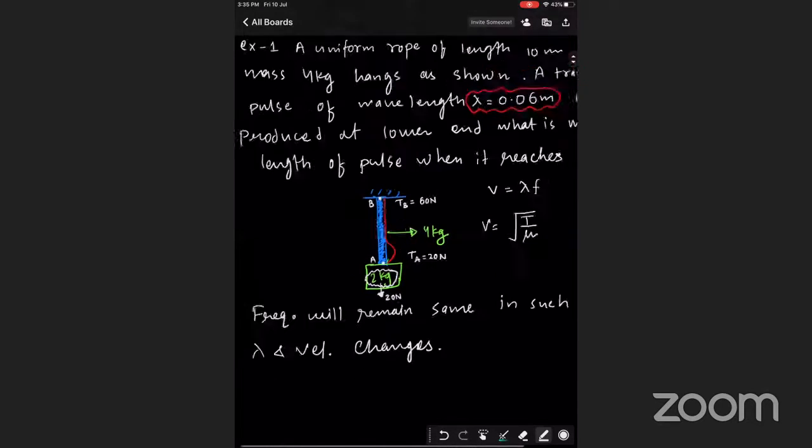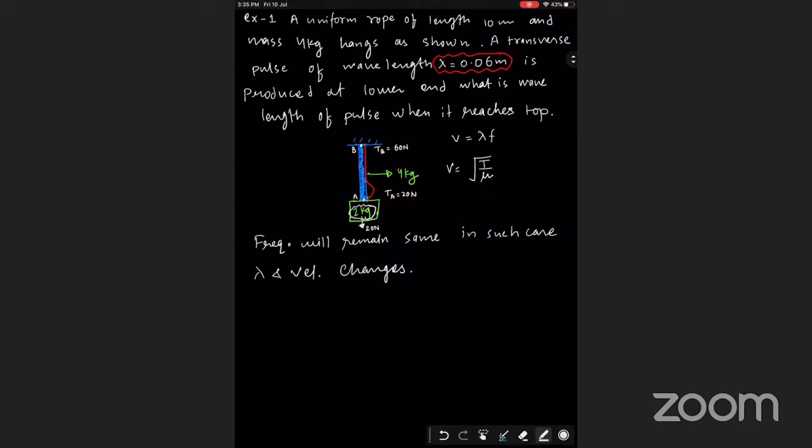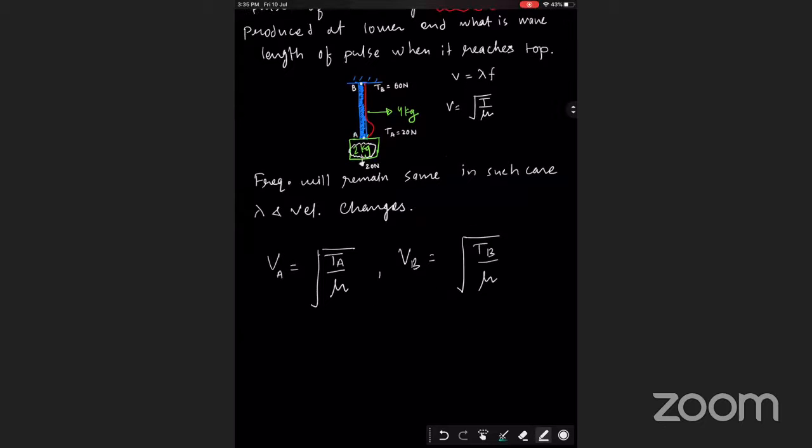So if we calculate velocity at both the points, we'll get different velocities. Velocity at point A is the square root of TA upon mu, and velocity at point B is the square root of TB upon mu, right? Agree? Yes, sir.